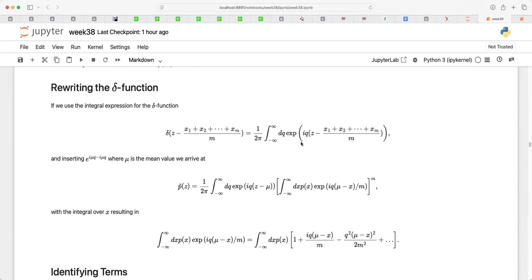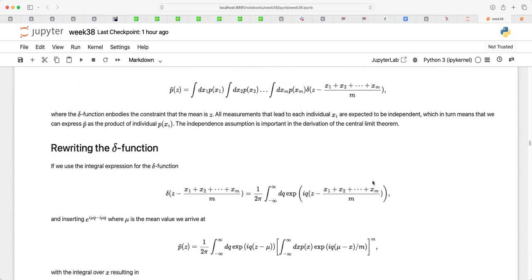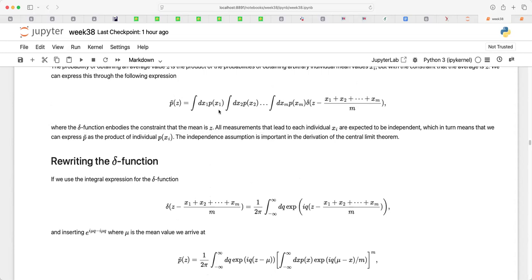So the probability distribution, then, we can rewrite in terms of this Kronecker delta, but now we have this to the power of m. And the whole thing is that all these p's which you see are the same for all the different stochastic variables. So the mathematical expression is the same.